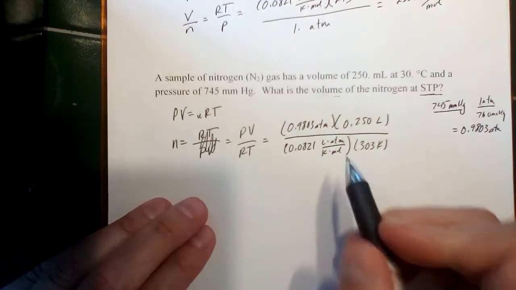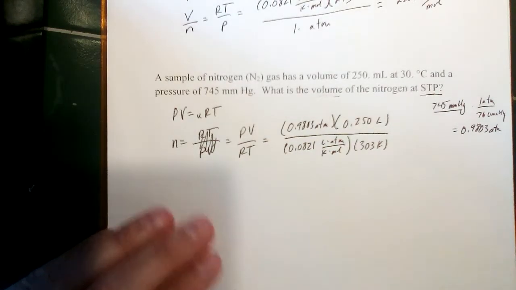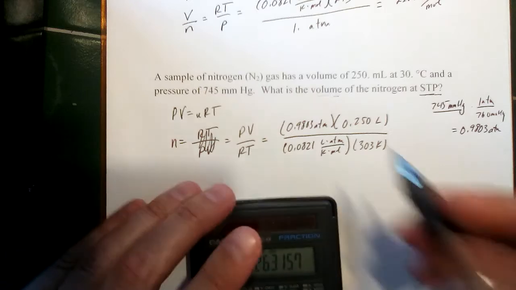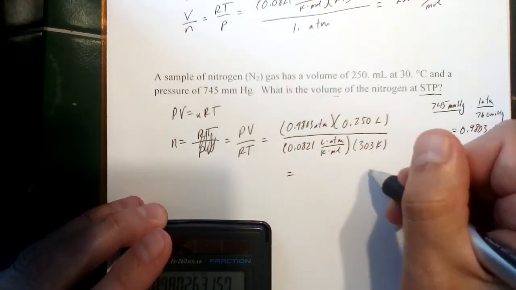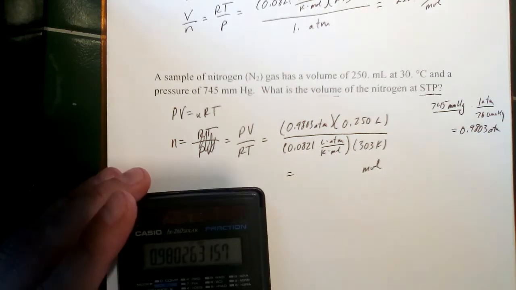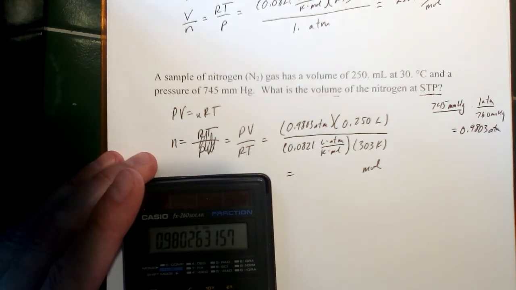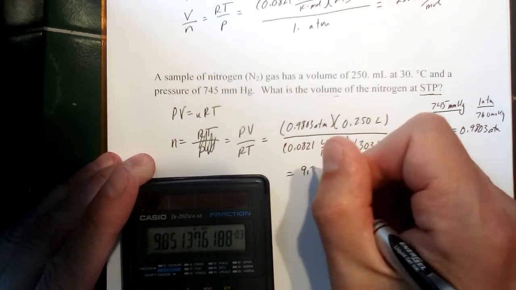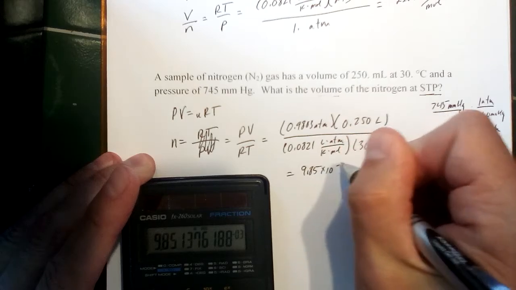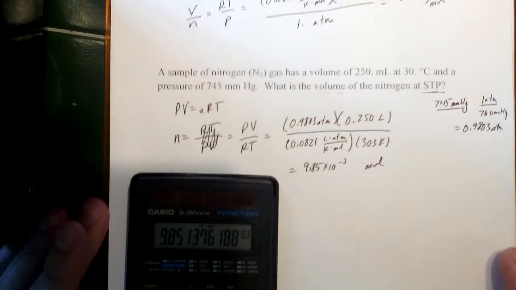But again, get your volume units to match the ones you get from R. Now, that will leave moles, so that will tell us how many moles are in this sample, and moles didn't change, so it'll be the same moles after the change. So that's 9.85 times 10 to the minus third moles of gas.